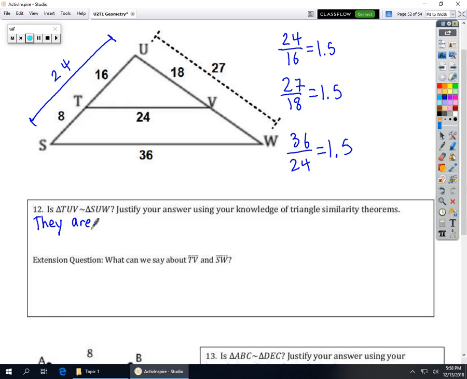They are similar by SSS, side, side, side. And what does that mean? That means all 3 sides on both triangles are proportional.